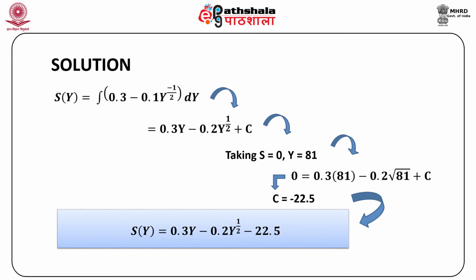Taking S equal to 0 and y equal to 81 as a solution, we get 0 is equal to 0.3 into 81 minus 0.2 root 81 plus c. This gives c equal to minus 22.5. Hence, the desired function is S(y) is equal to 0.3y minus 0.2y to the power 1 by 2 minus 22.5.